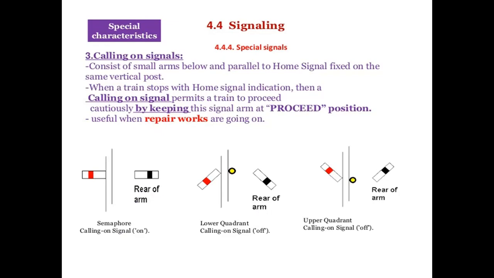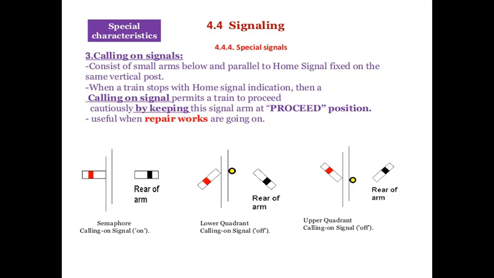So a calling on signal is fixed on the same vertical post of the home signal. Here you can observe the semaphore calling on signal on, the rear arm is on.